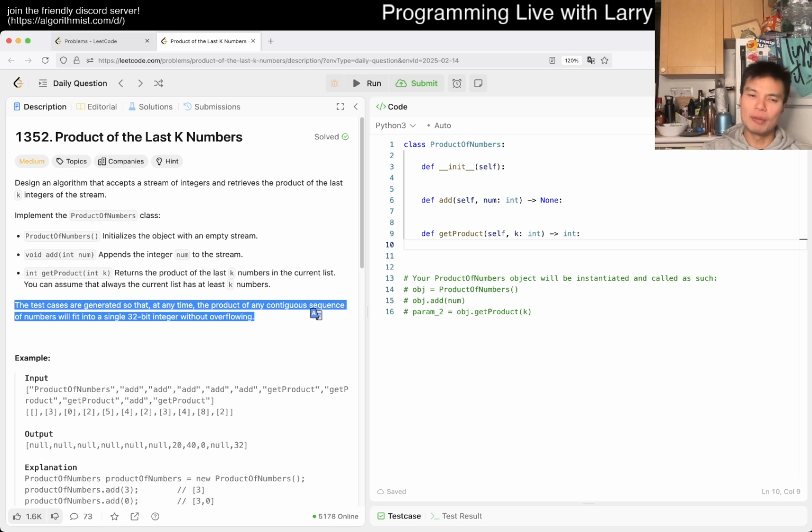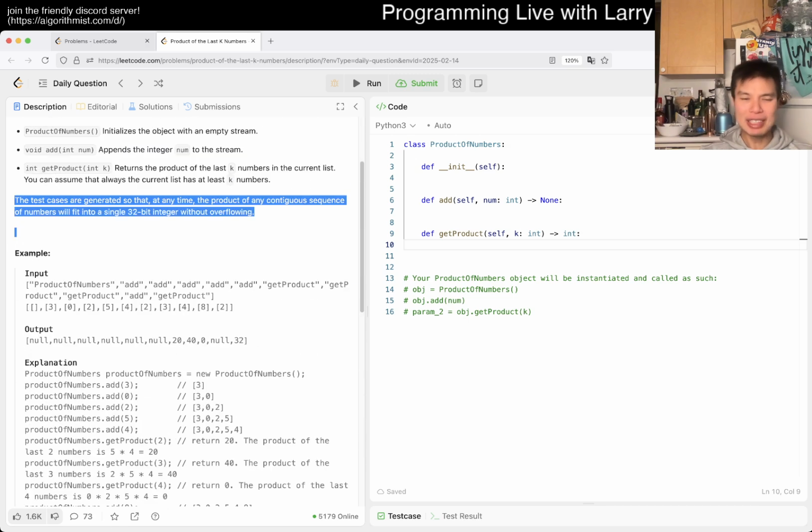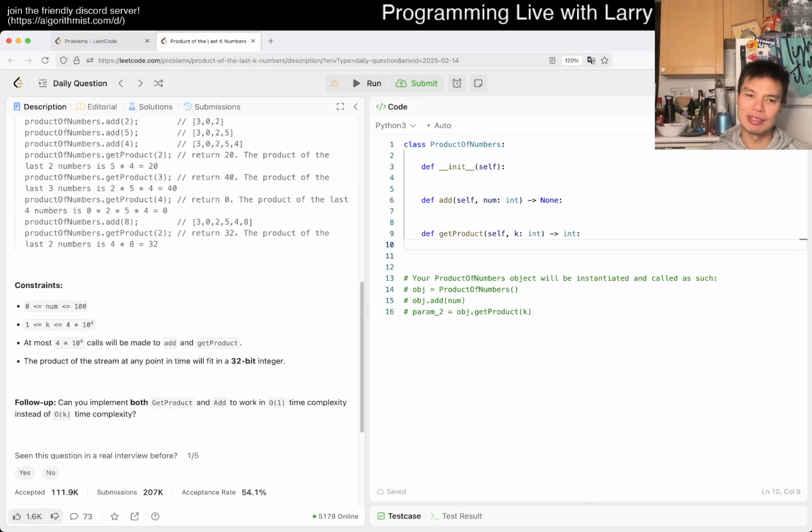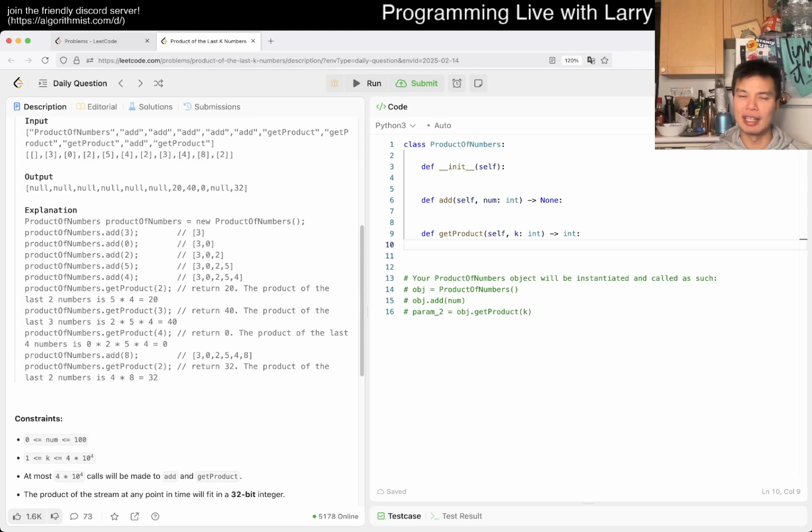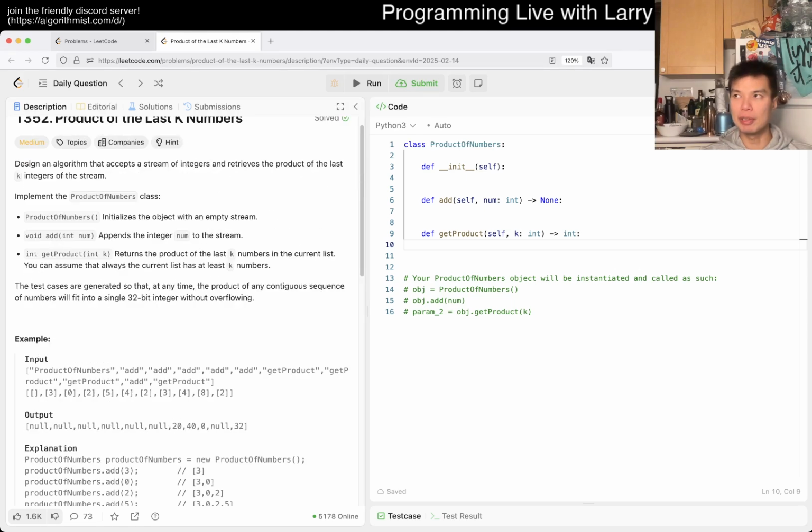So now, in a way, because of this, when I pointed this out earlier, I meant that 32 bits is the final result, it's under 32 bits. But here it is actually the product of contiguous numbers.